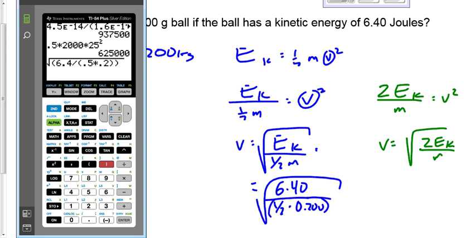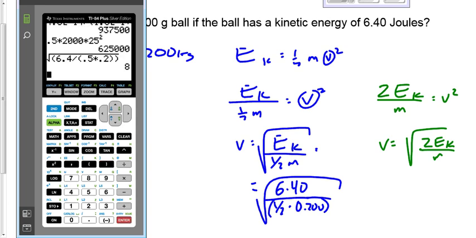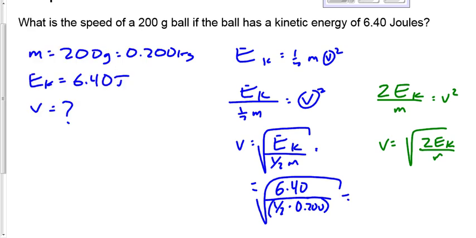Does that make sense? We get an answer here of 8. I said 8.0. What should it have been? 8.00 meters per second.